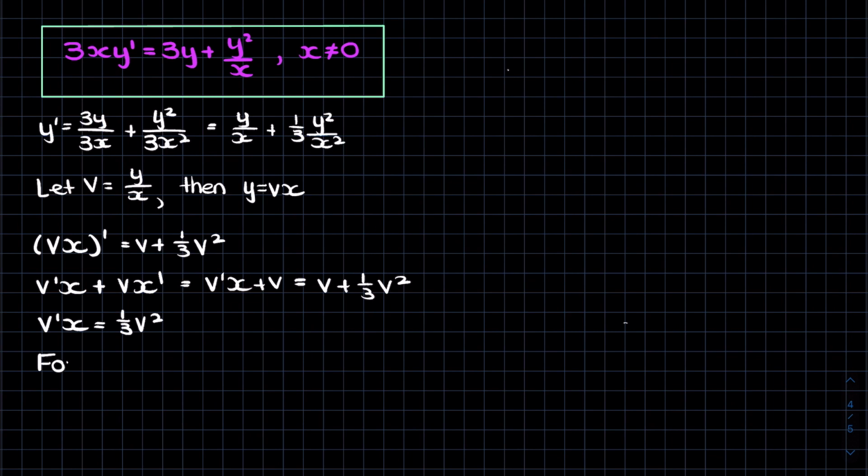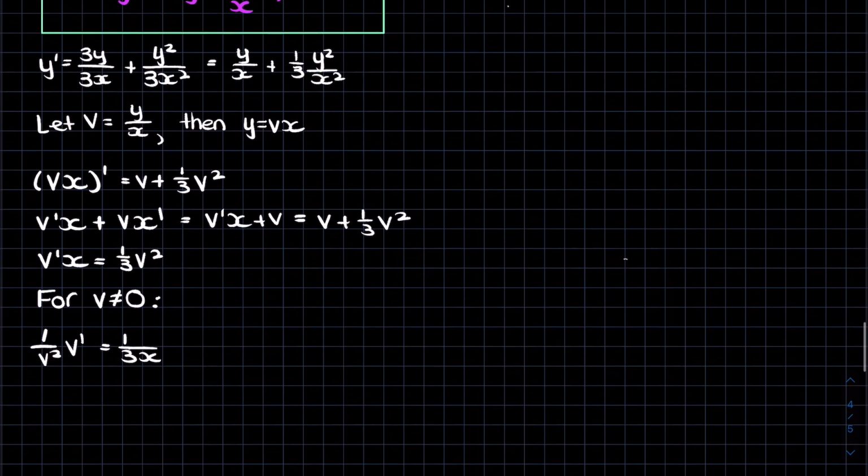So we can say for v doesn't equal 0, this allows us to then divide by v. We get 1 over v squared v prime equals 1 over 3x. So all I've done here is divide by v squared.